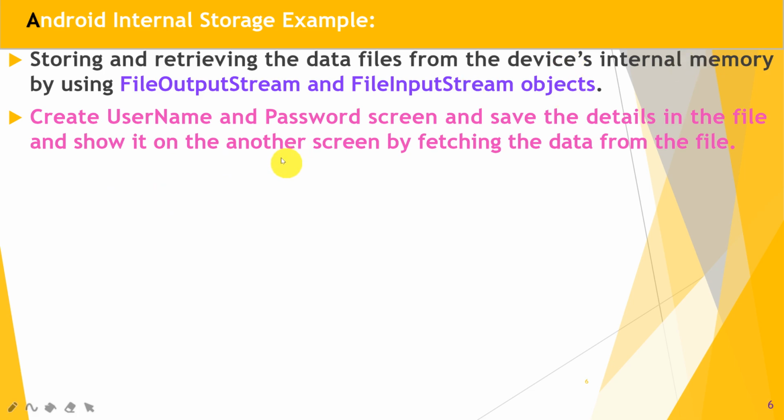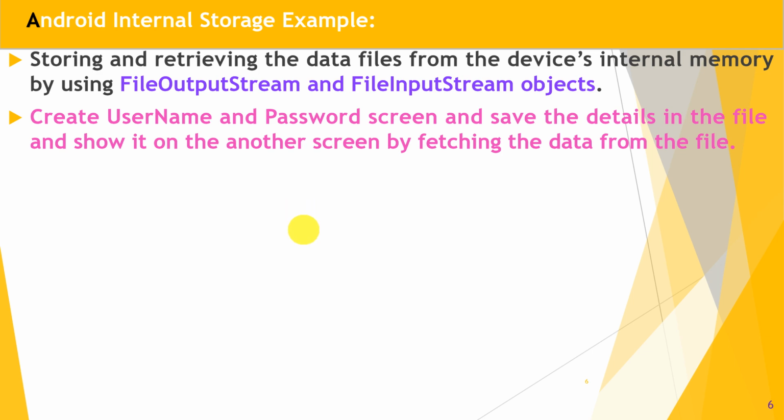Then go to the next screen. On the next screen or next activity, we have to show the name of the user and the password of the user, by fetching the data from the file. So this is a simple application we will study in today's class. Great guys, hope you understand.